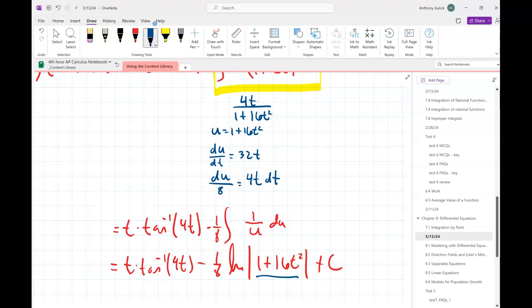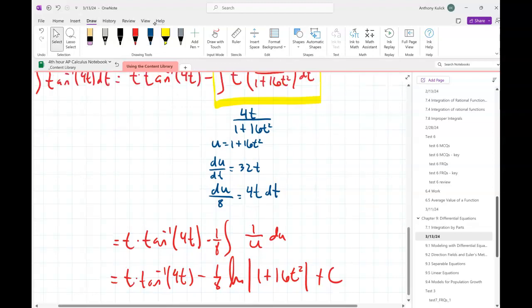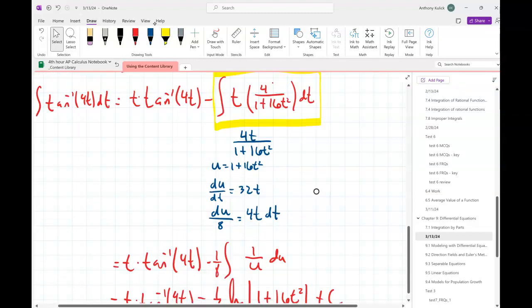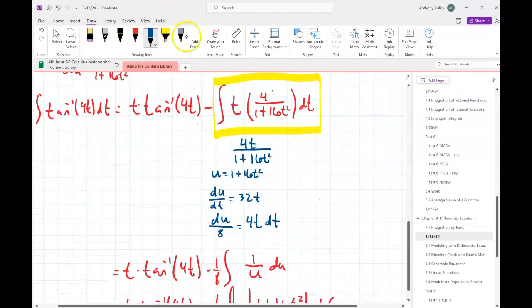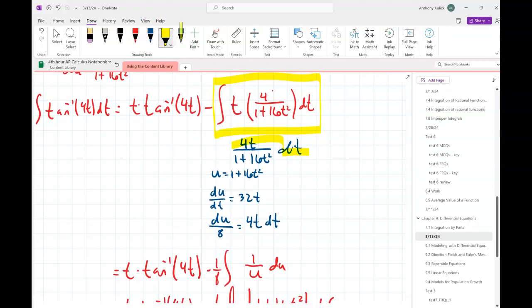Why did you divide by 8 there? Sorry. Well, I wanted to make du equal to that. I wanted to replace that stuff. So if I divide both sides by 8 and then multiply by dt, I have 4 dt on that side.